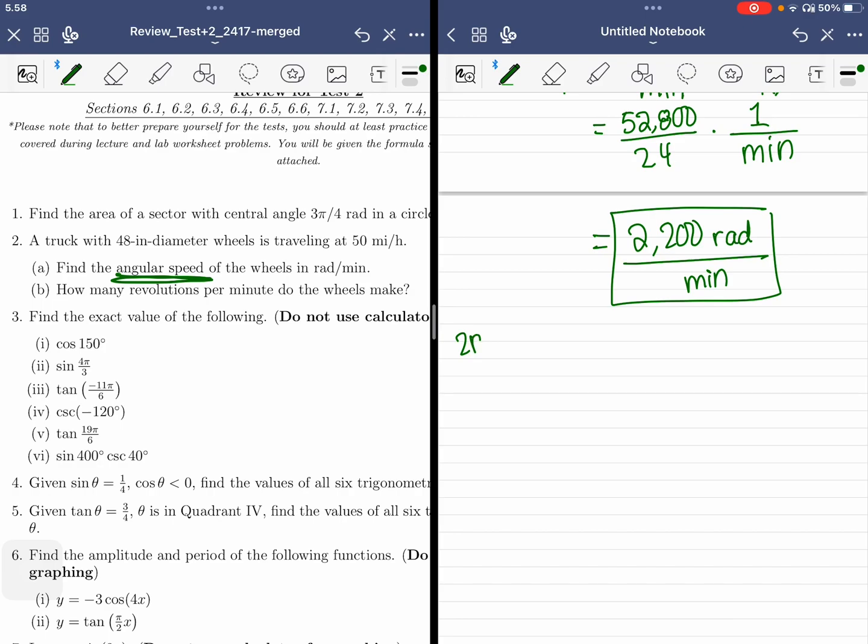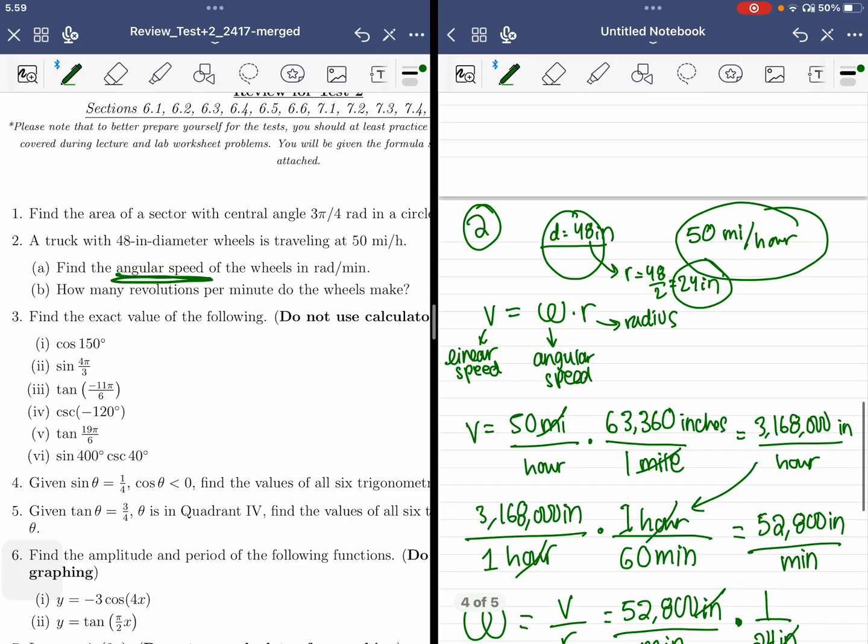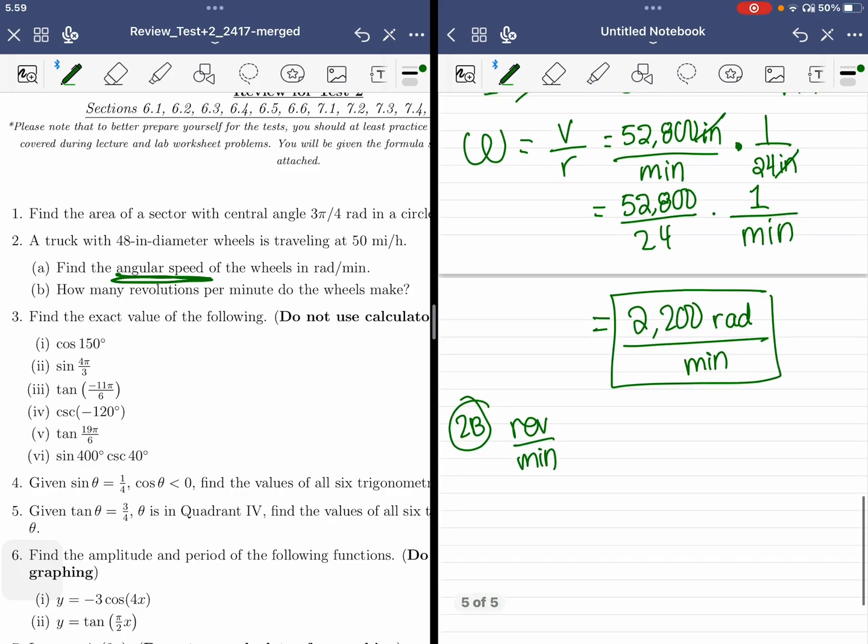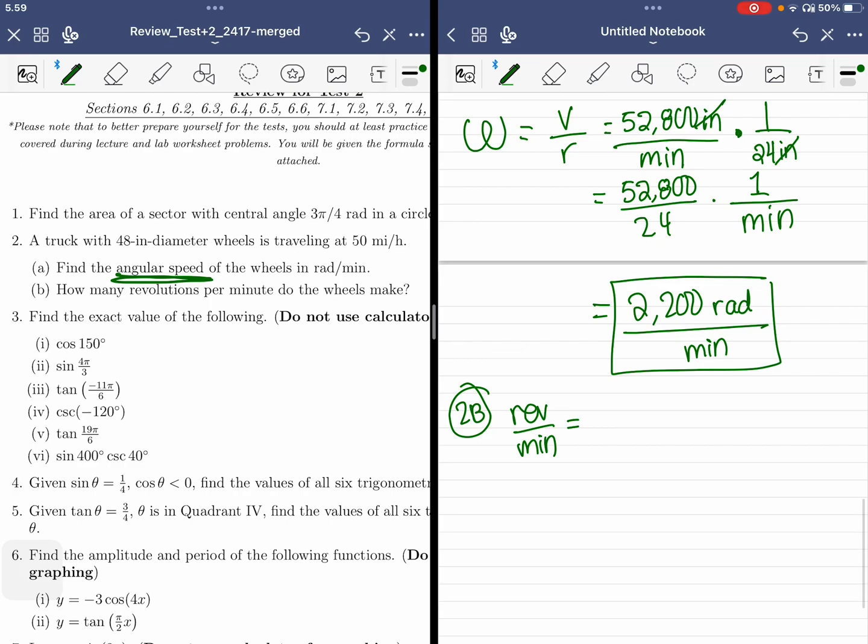Alright, for 2B, it's asking how many revolutions per minute. And what is that asking? Because we found linear speed, we found angular speed, but we also found radius. What is revolutions per minute? Revolutions per minute is also angular speed, it's just in a different unit here, right?